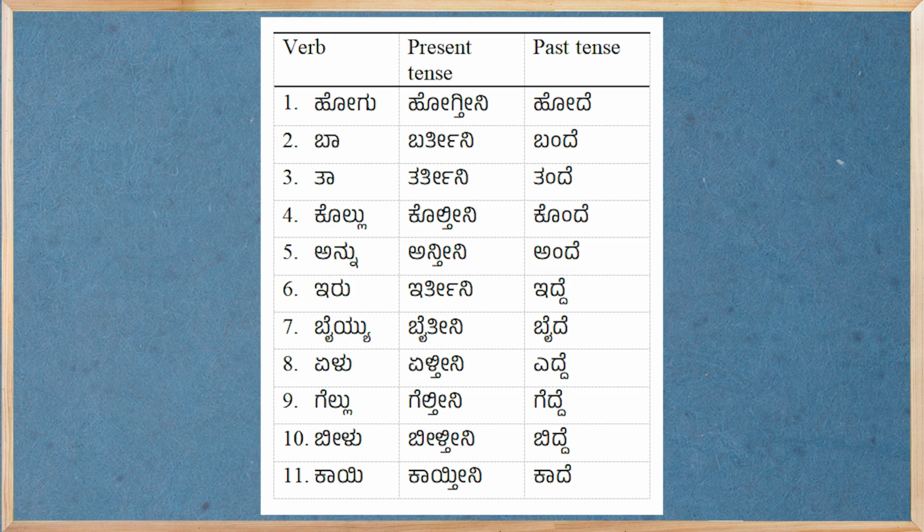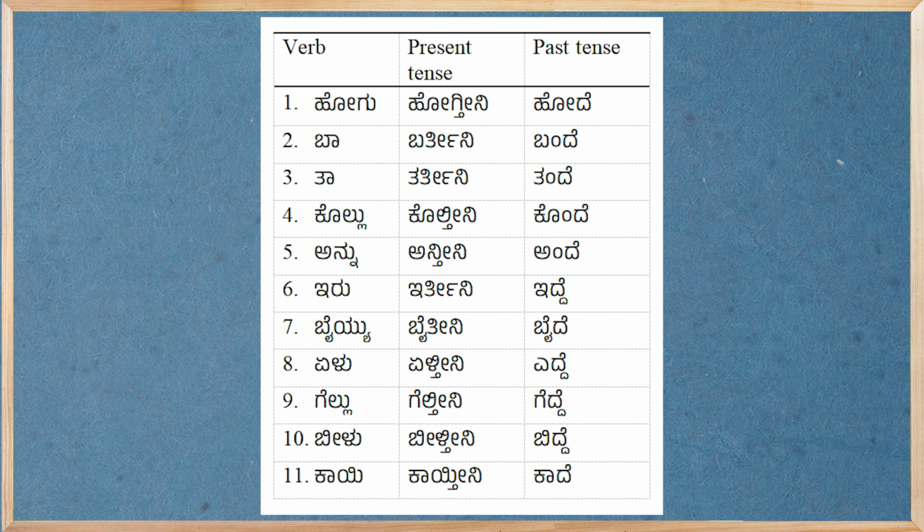The verb root hogu becomes hoktini in the present tense and hode in the past tense. Similarly, ba: bartini in the present tense, bande in the past tense.